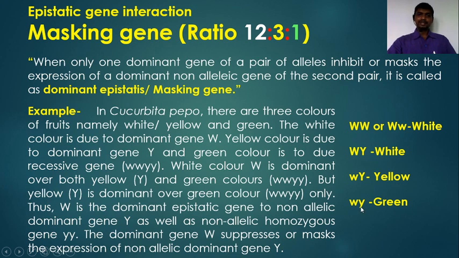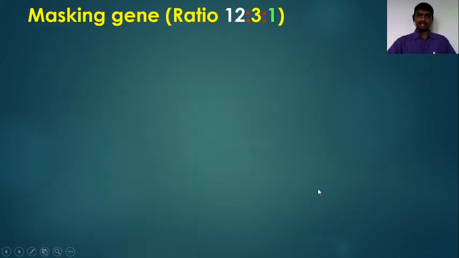So there are three colors of fruits in Cucurbita pepo: white, yellow and green, because of the dominance of two genes W and Y. When both genes occur together in a dominant form, the phenotypic expression is white. If W is recessive and Y is dominant, the phenotype is yellow. And if both are recessive, the phenotype is green.